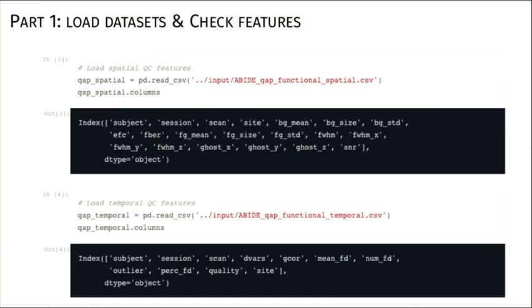So we're looking at some quality control metrics from fMRI data, spatial quality control metrics and temporal quality control metrics. So we're going to load this data. You should be able to see all the features of both kinds available here. And let me know when you're able to run them.